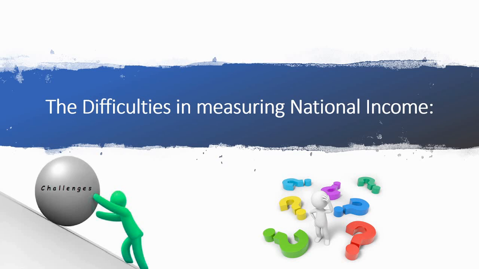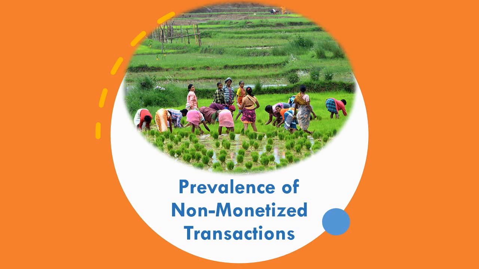But there are also some difficulties in measuring national income. First, we see the prevalence of non-monetized transactions. As we know, India is a country most dependent on agriculture. So agriculture, in which a major part of output is consumed at farm level itself.